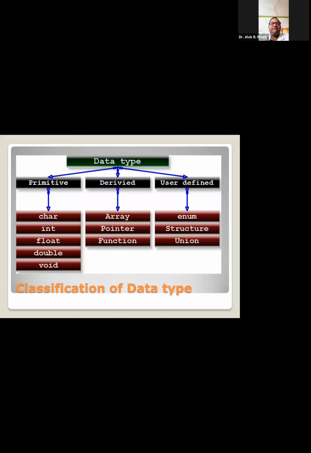Whenever I want to store one alphabet in the memory, then I have to use the character. That means during the declaration of your variable, you have to specify what the data type is.